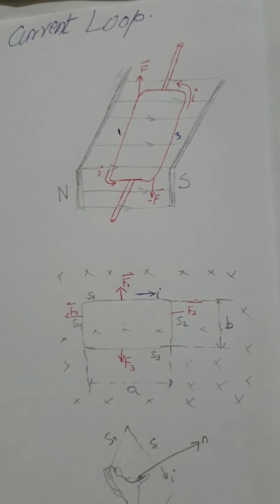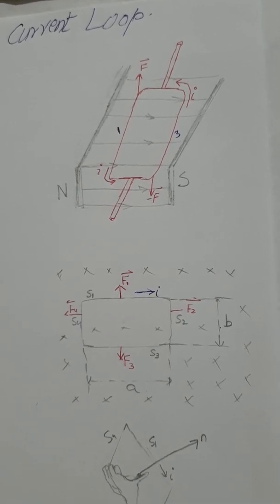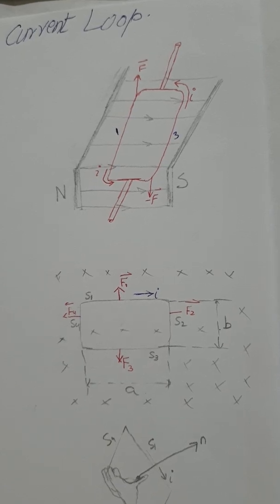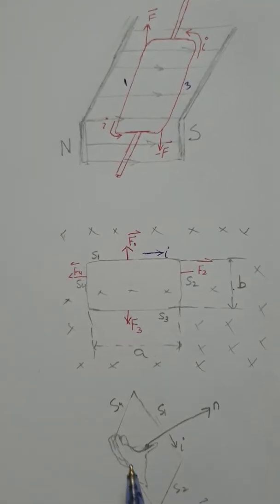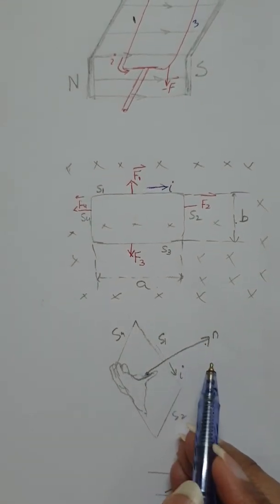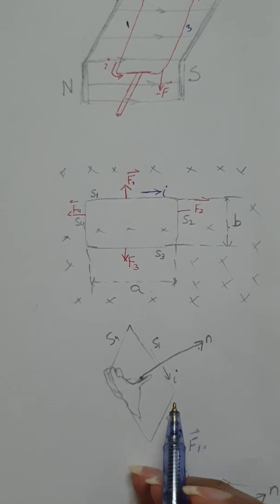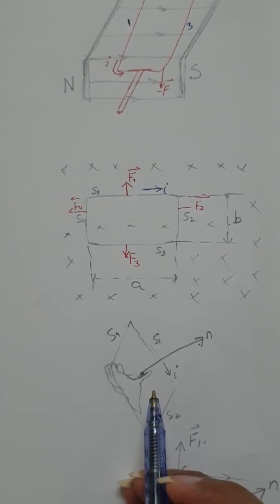To define the orientation of the loop in the magnetic field, we use a normal vector n that is perpendicular to the plane of the loop, which is shown here. You can find the direction of n with the help of the right hand rule.